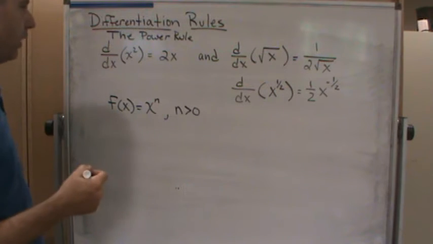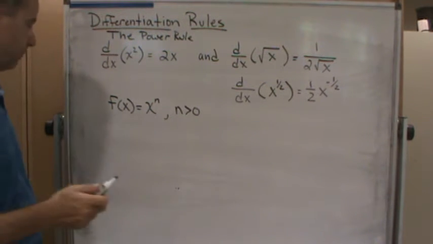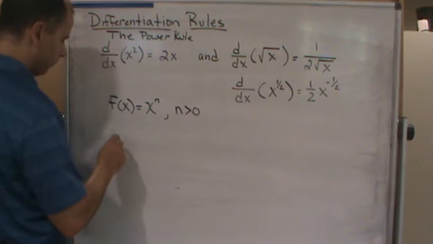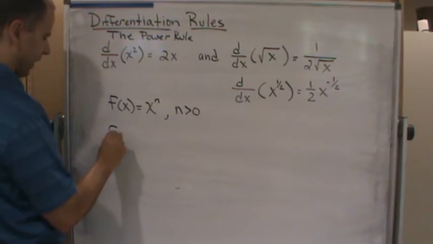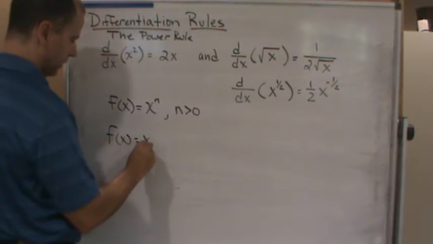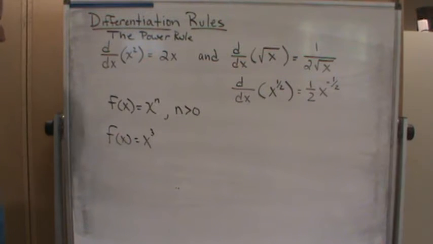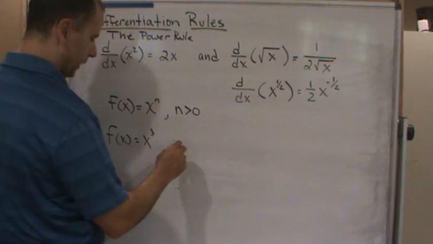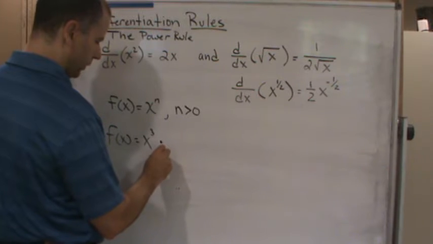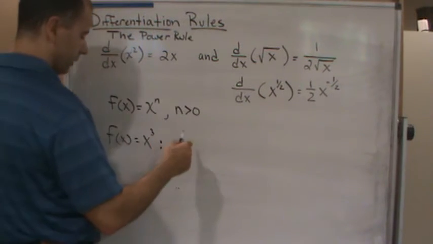Okay, so let's look at another one and see what pattern develops here. So let's take the derivative. Let's take f of x is equal to x cubed, and let's see what happens when we apply the difference quotient in taking the derivative.